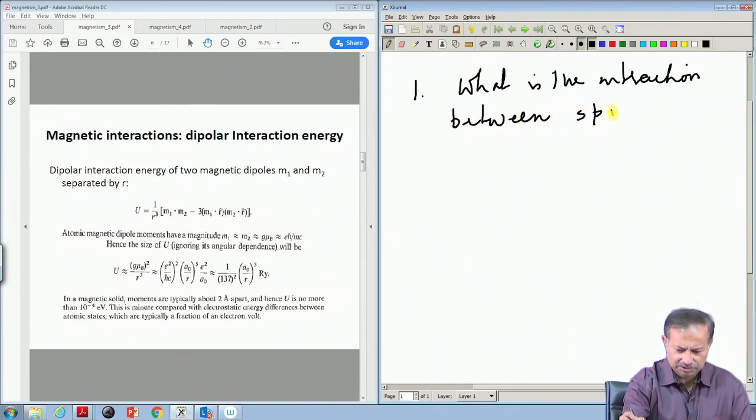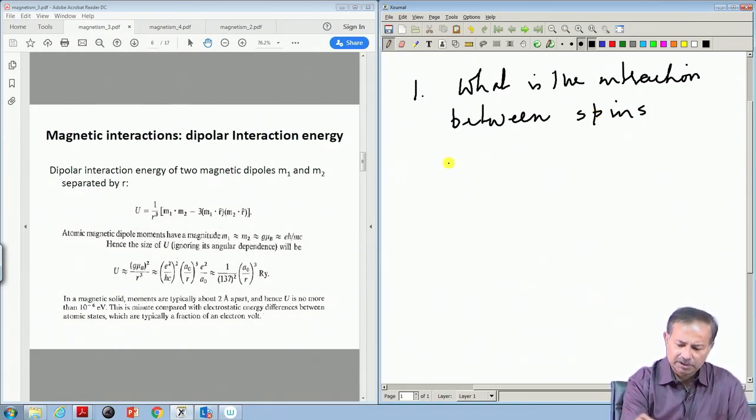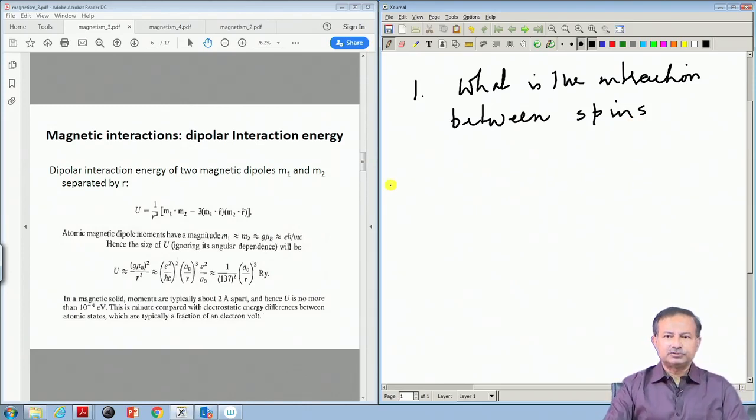I will keep on calling them spins, but these are moments, can be more than half and can be L plus S, J and so on, but one generally refers to them all as spins in a magnetic system. It is a loose word, but it does not refer to only spin, it refers to the moment. And so what is the interaction between spins?